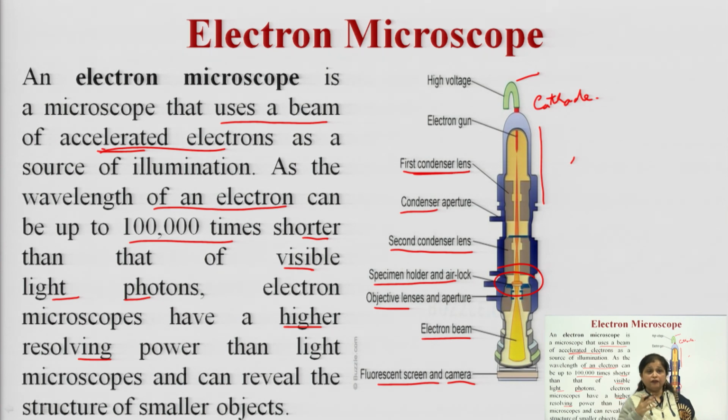Whatever structures are there within the cells or within the organelles, we can even see those within the structure. So, this has much more resolving power as compared to the light microscope which we discussed in the last lecture.